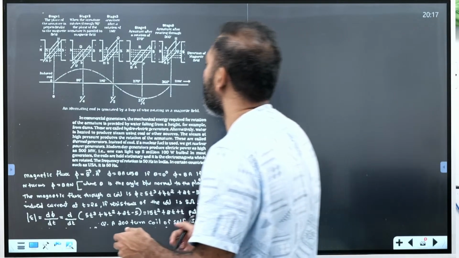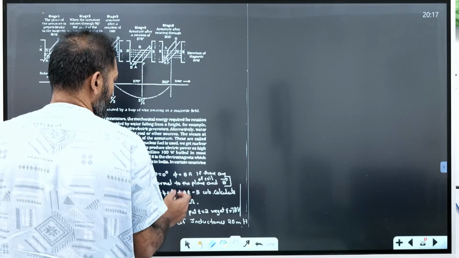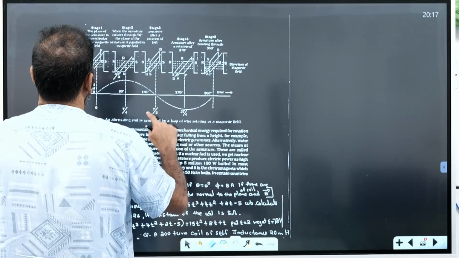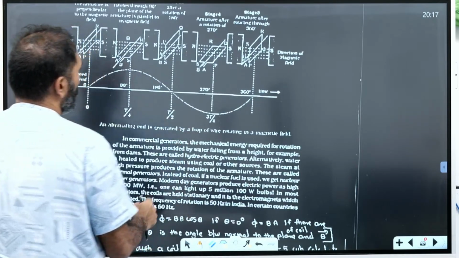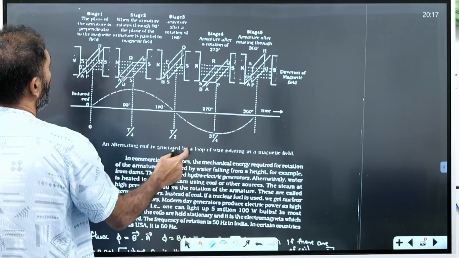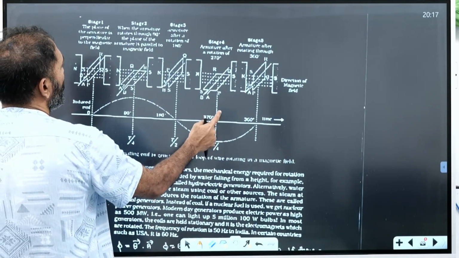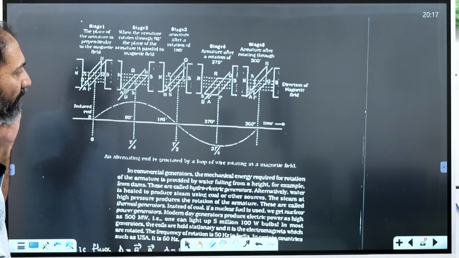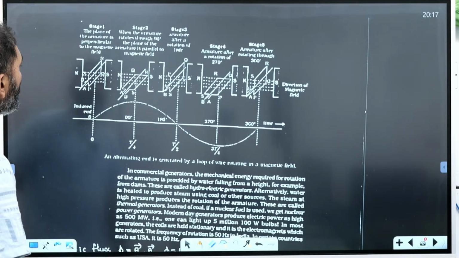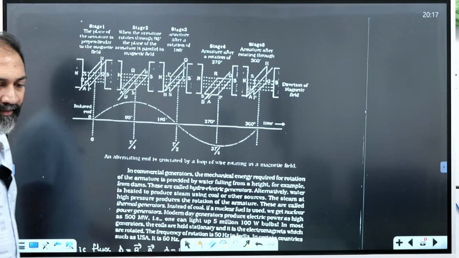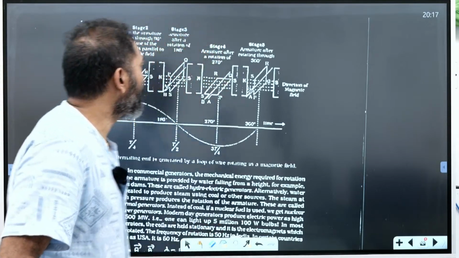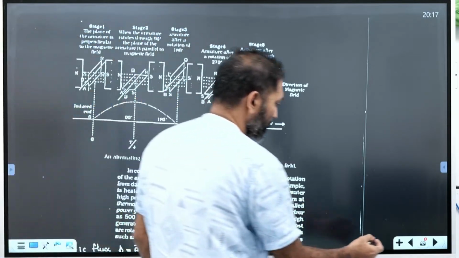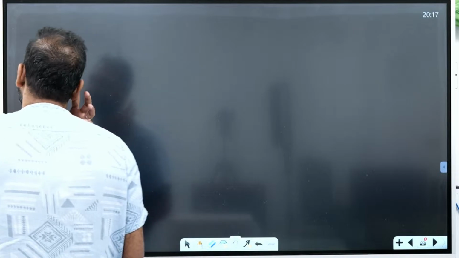See, this is the figure of instantaneous EMF. First of all, you should understand that. Okay, I will draw it in a different way.